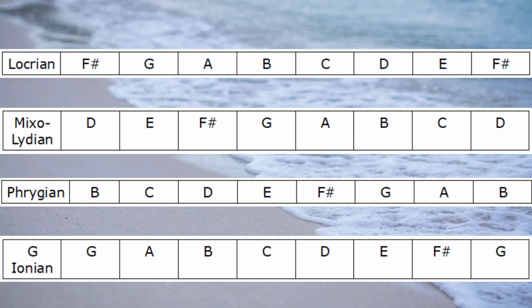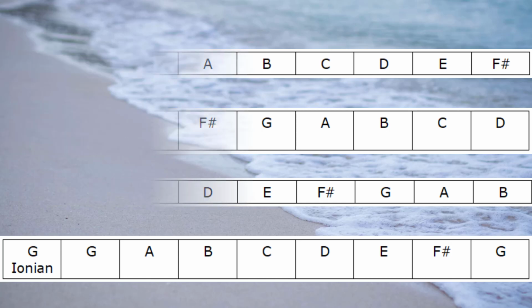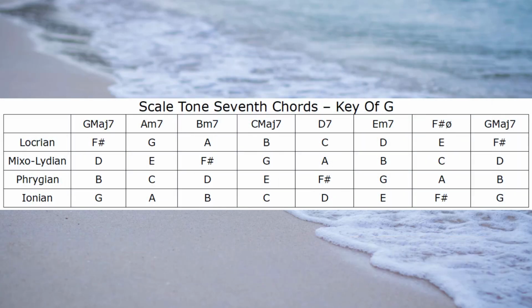Now if all that sounds complicated, you don't have to worry, because if you look on the screen, I have a chart which is the result of all this layering business. What is important at the moment is why are we doing it? Why we're doing this is that we want to find the scale tone 7th chords, that is the 4-note chord structures that are created when we overlay a scale 3 times at an interval distance of a third.